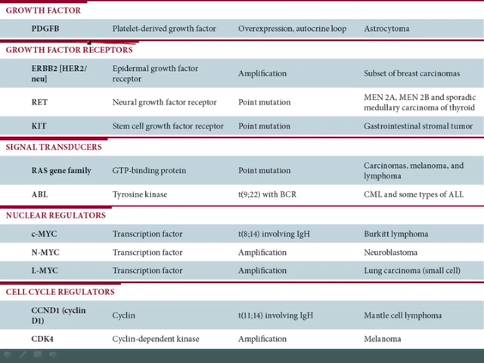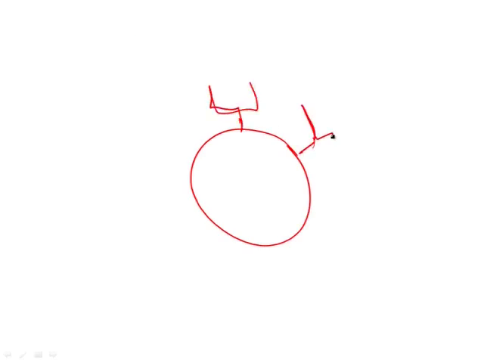Another example would be growth factor receptors. So again, we can go back to our diagram, and we can remind ourselves that if this is a cell, and the cell is expressing a growth factor receptor, right? Here it is expressing a growth factor receptor. Normally, growth factor would bind the receptor, a signal would be sent, and the cell would then divide.